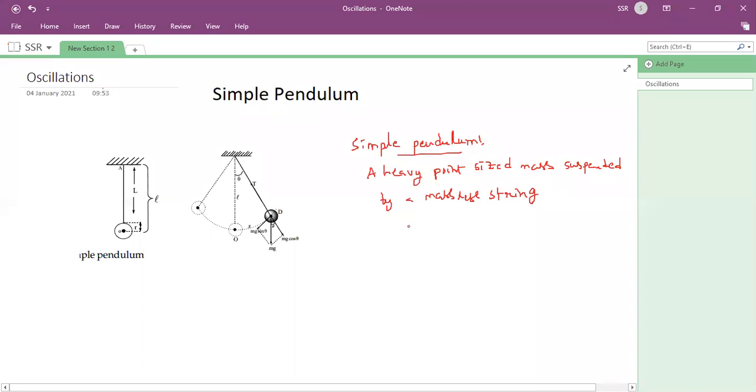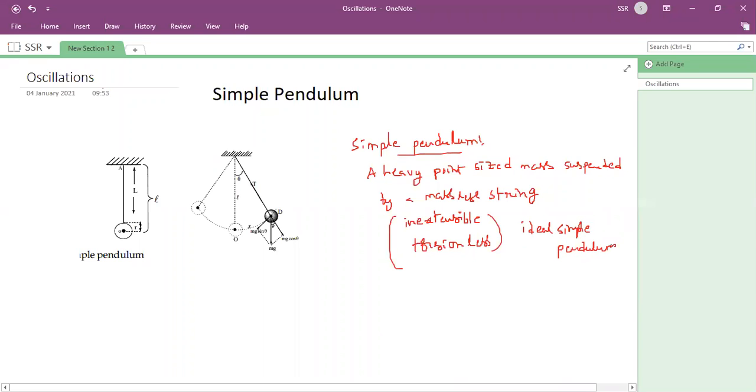In these conditions the string is inextensible, that means the string should not extend, and torsionless. Then it is called an ideal simple pendulum.